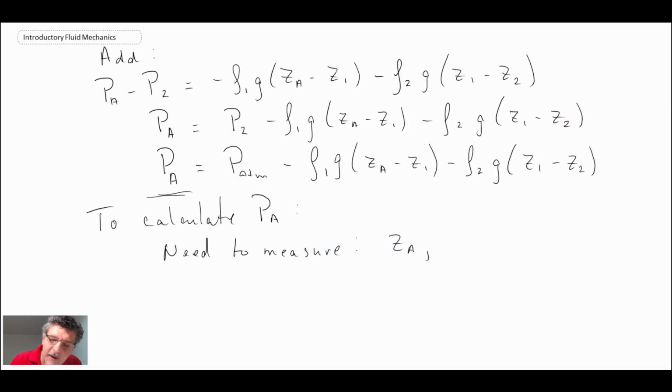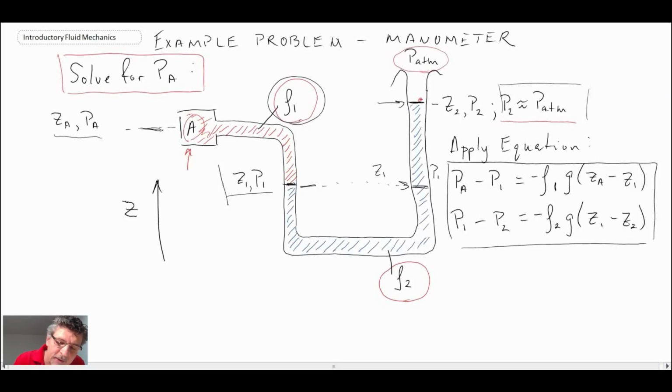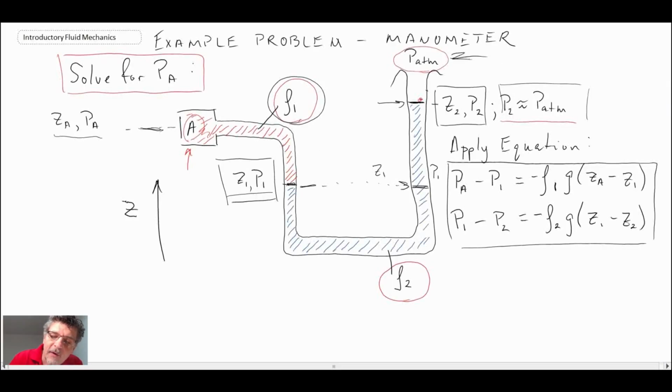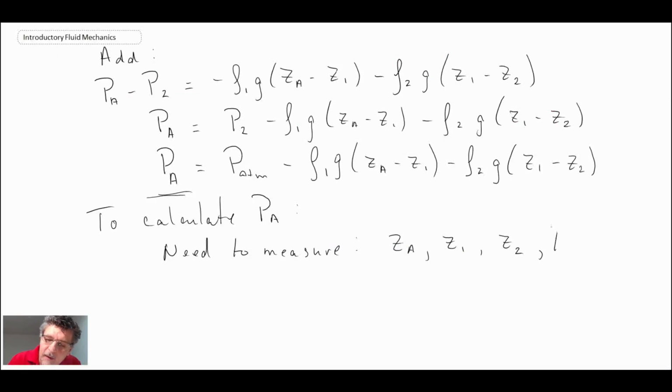And then the other things that we need to measure are interface Z1 and Z2. So let's take a look back. We need to be able to measure this interface here, and we need to be able to measure that interface there. And the last thing we need to know is the atmospheric pressure, P atmosphere. So in order to get PA, we need to measure the geometry, interface, and atmospheric pressure.